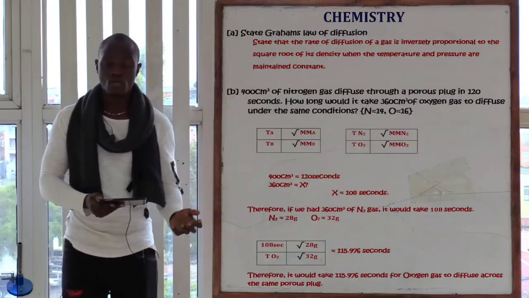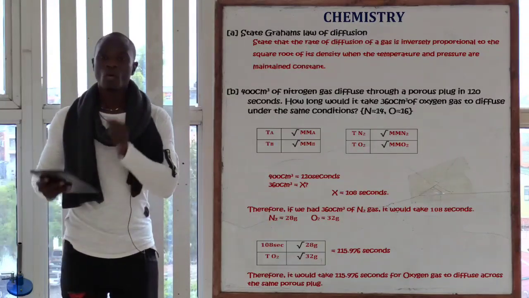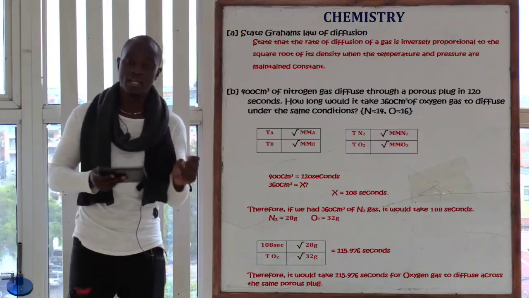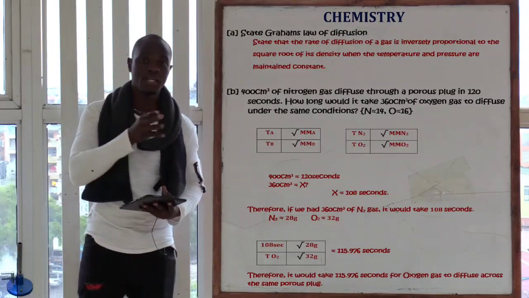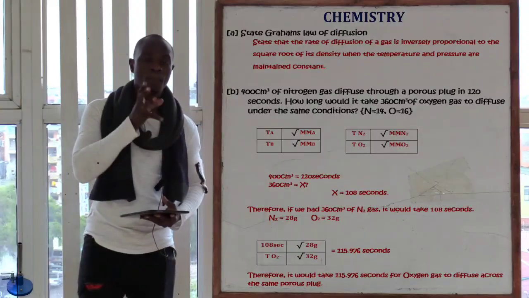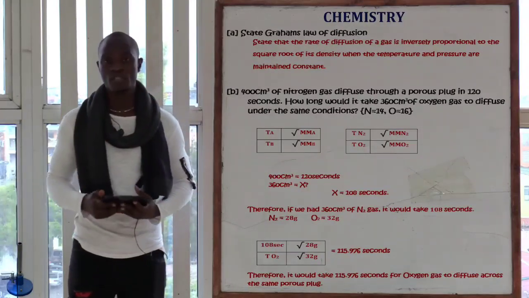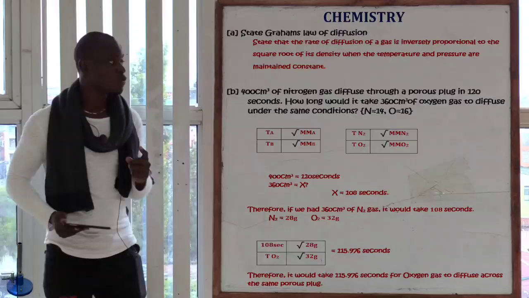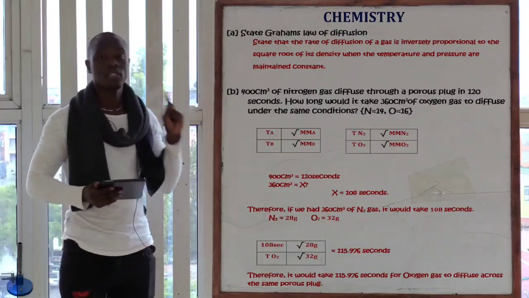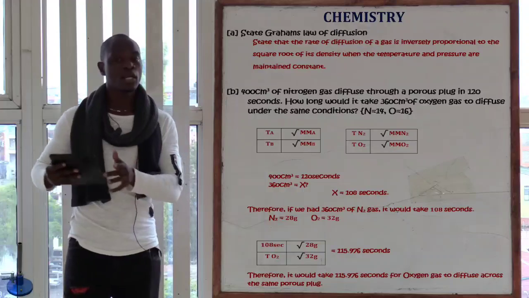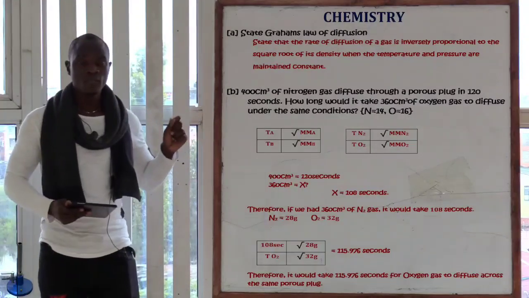Nitrogen is 400 centimeters cubed at 120 seconds. What if nitrogen was 360 centimeters cubed? That is what you should ask yourself. If nitrogen was 360 centimeters cubed, how much time would it take to diffuse? So we are going to say that 400 centimeters cubed of nitrogen takes 120 seconds.